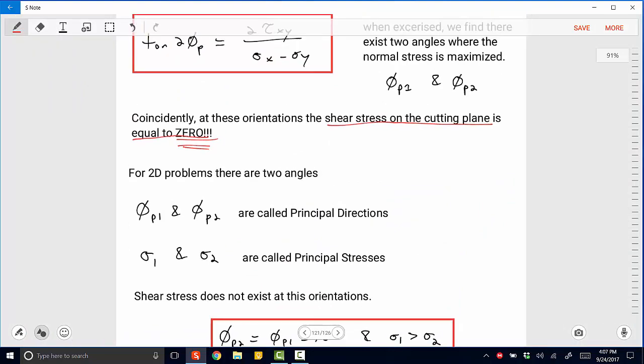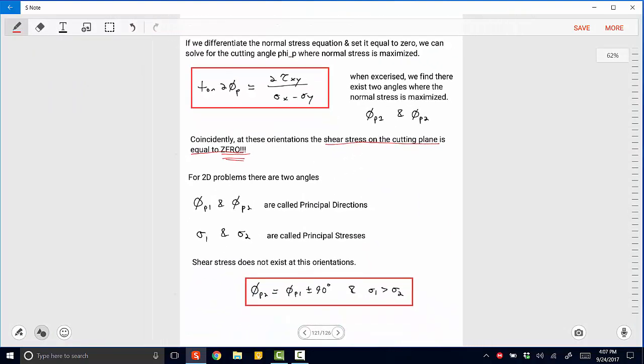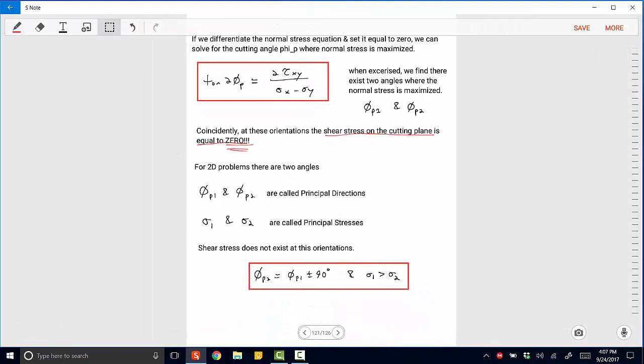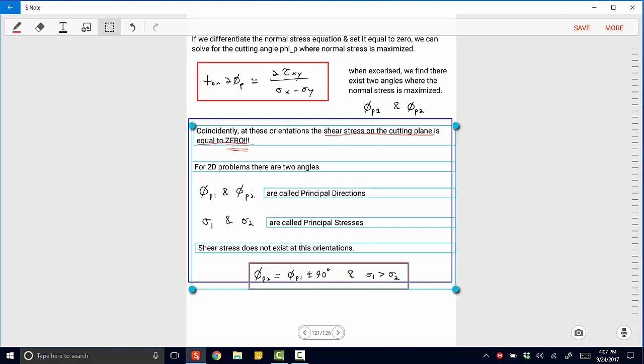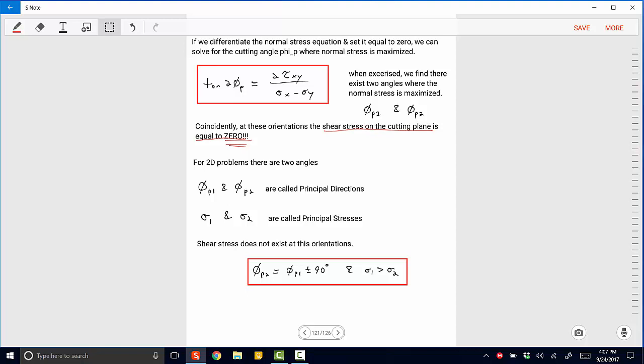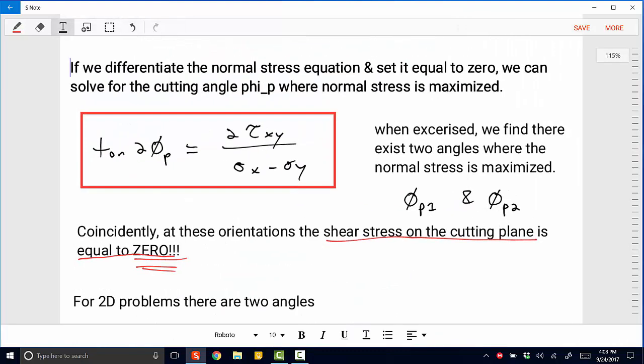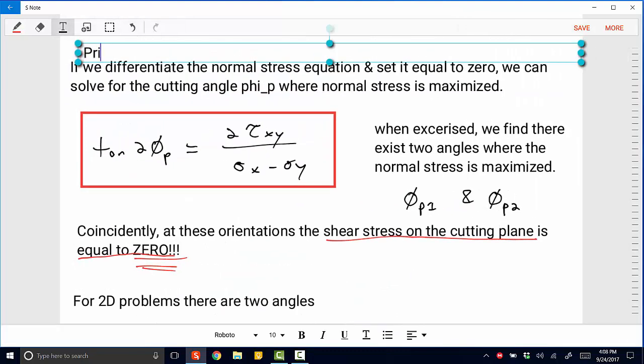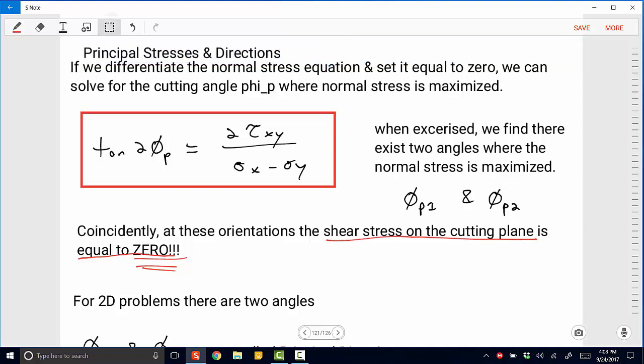Okay, so we've found our principal stress directions and values and the relationship between them, right? So how about we go ahead and title this here, Principal Stresses and Directions.